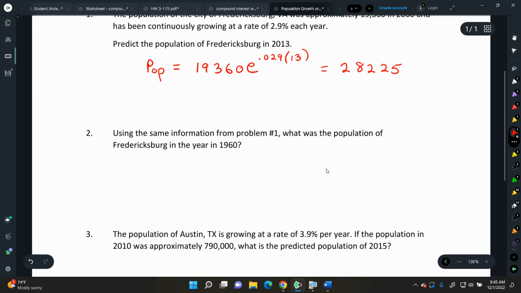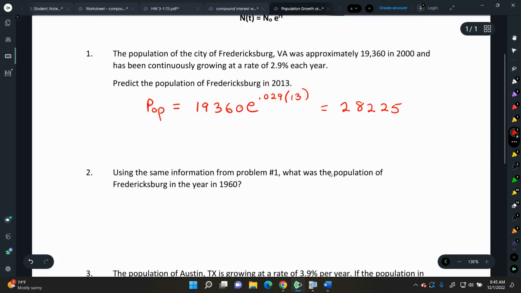Okay, using the same information, what was the population of Fredericksburg in 1960? Oh, 1960, how would we do that? Yes. Put a negative in front of the percentage. Okay, so let's try that. 19,360, right? And you're saying do negative 0.029.